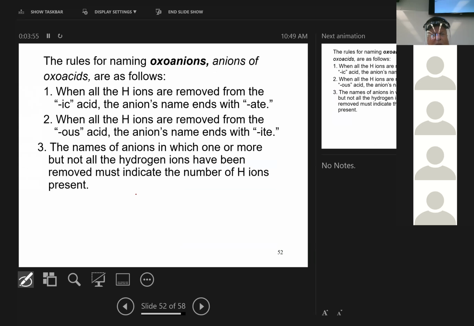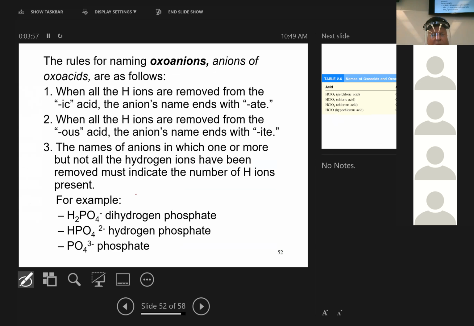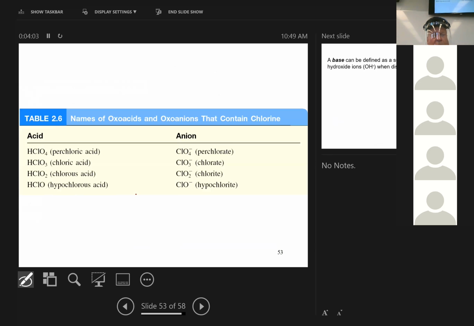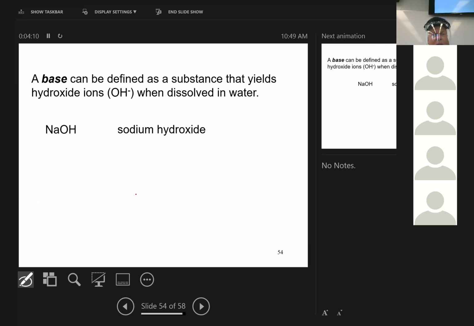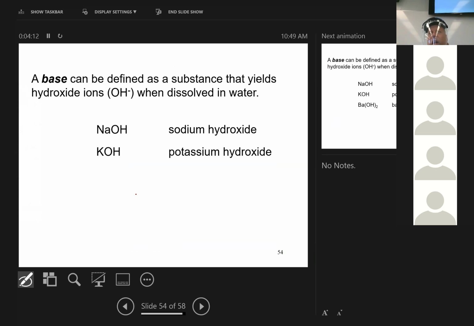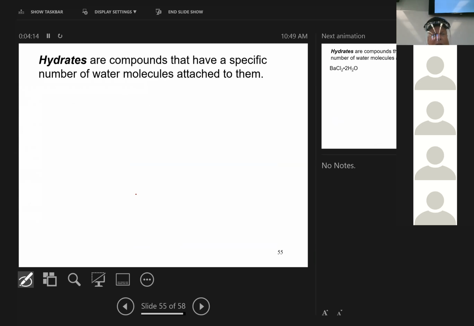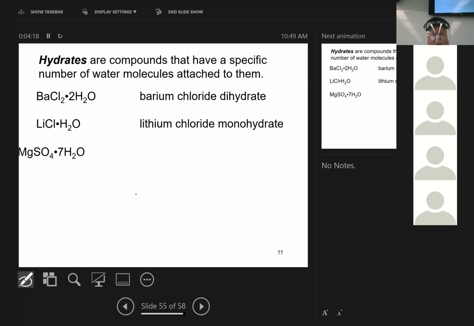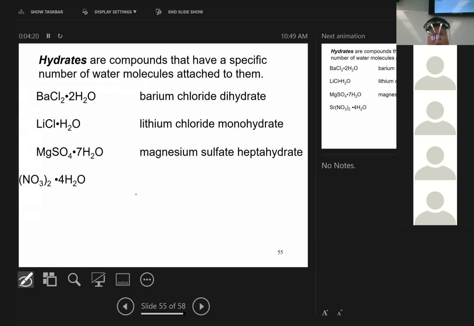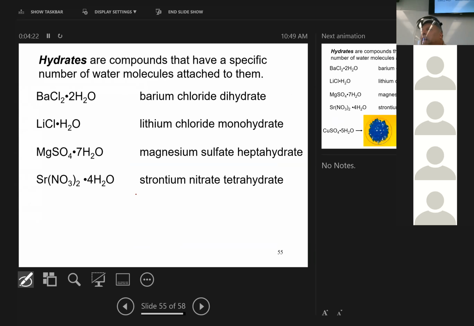Oxyanions, you have -ate associated with that, and essentially there. So phosphate, etc. Those follow the rules as before. And then a couple examples there with the different acids and the things that I showed you before. And then bases have the hydroxide at the end. And then hydrates just have a water molecule, dihydrate, monohydrate, and heptahydrate. And that is what the lab is going to be on this week, is on hydrates.